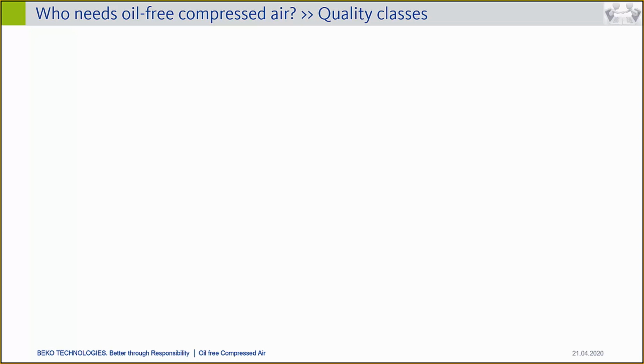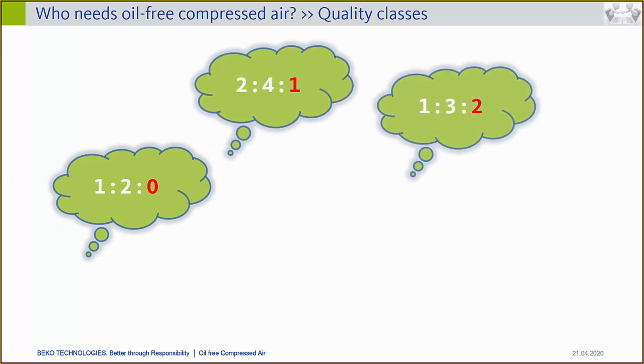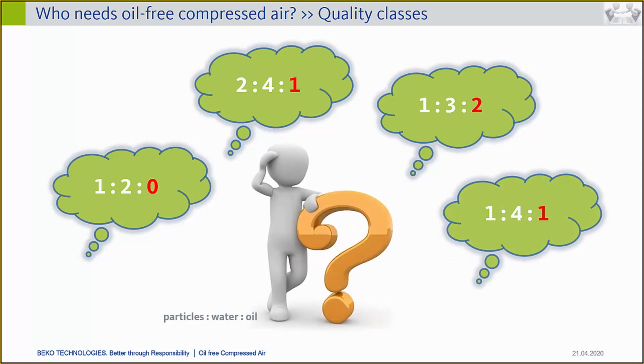As I said already, that depends on the industry, but it also depends on company regulations. There are many recommendations from companies, industries and quality management systems that decide what's best for my application, but where to find the answer, that's the point.